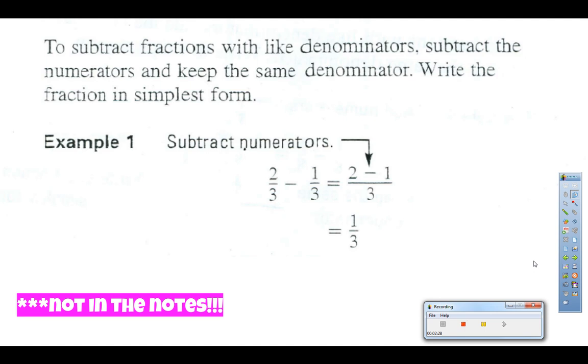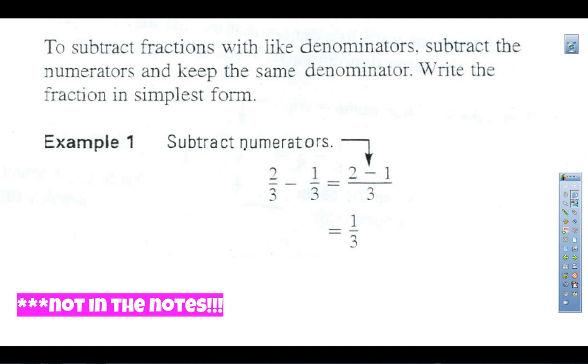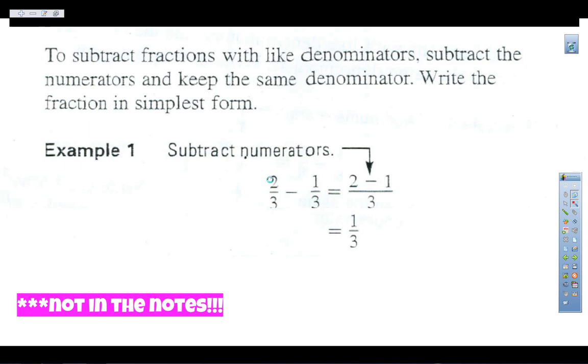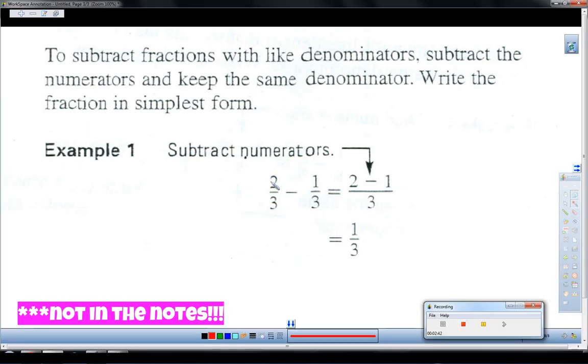Also not in the notes, but you'll notice here that when I have 2/3 and I'm taking away 1/3, so I have a whole cut into thirds, and I want to take away 1 of my thirds, notice all of the work is happening in the numerator because my denominator is remaining 3.